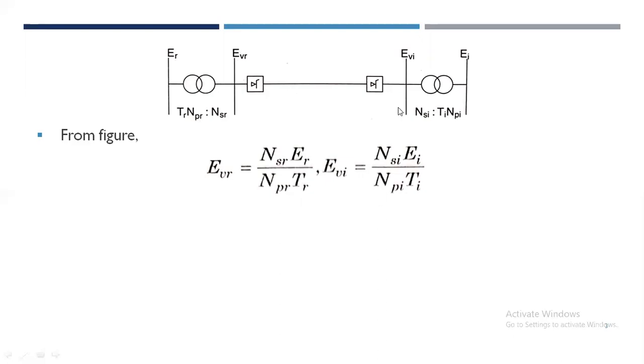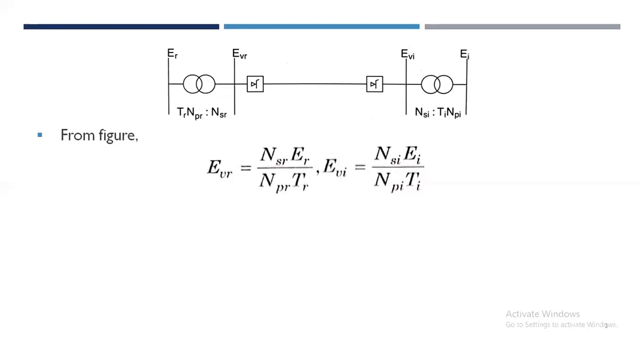Same here, EI into NSI divided by TI and PI, that will give you EVI. Here ER and EI are the AC line to line voltages of the converter buses on the rectifier and inverter side respectively. TR and TI are the off nominal tap ratios on the rectifier and inverter side respectively.